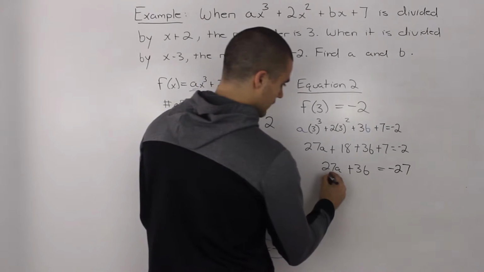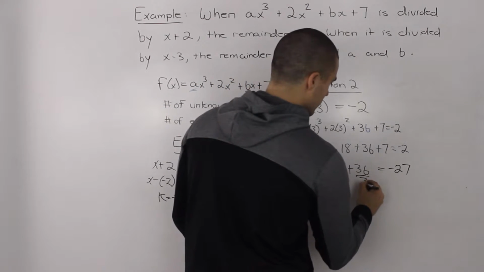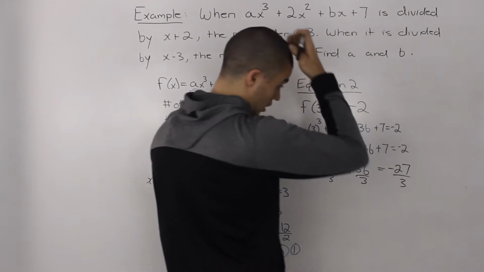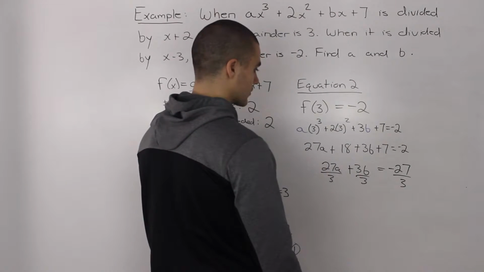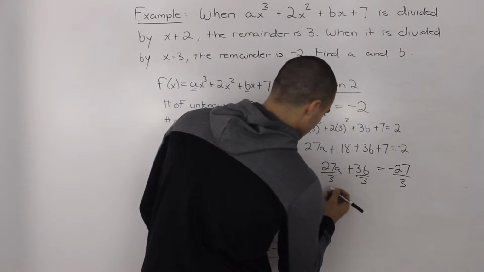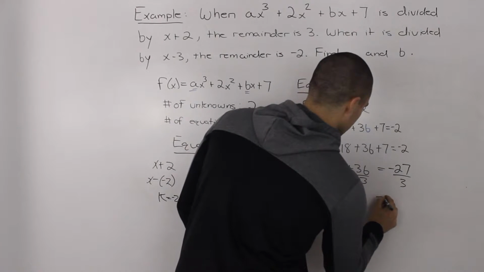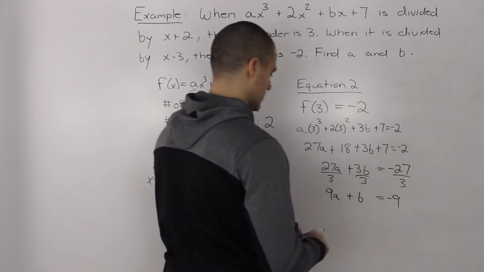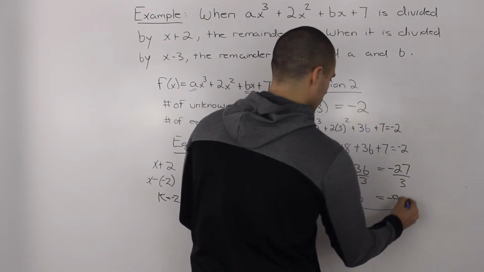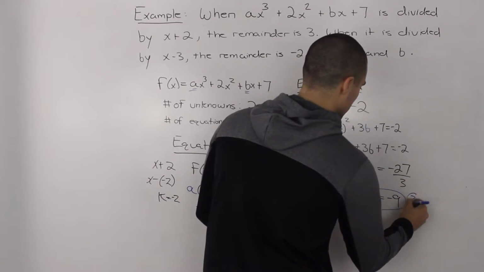And we can simplify all of this by dividing it by 3. 3 is the greatest common factor of all the expressions. So 27 divided by 3 is 9, so 9a plus b equals negative 9. So this here represents our second equation.